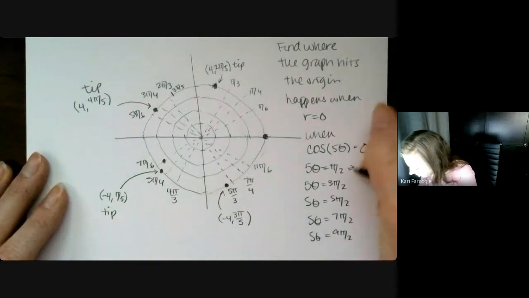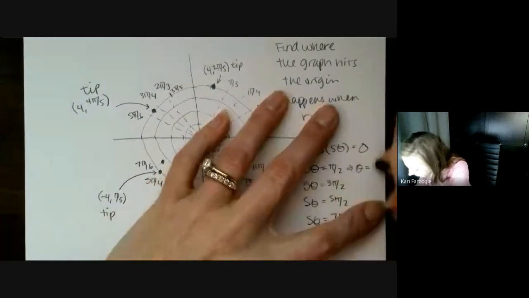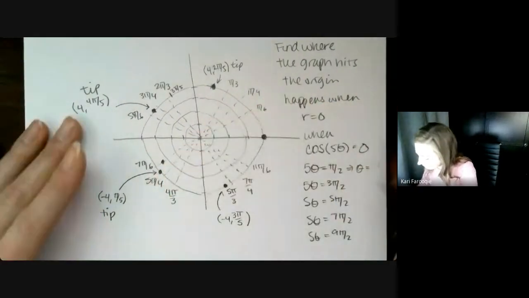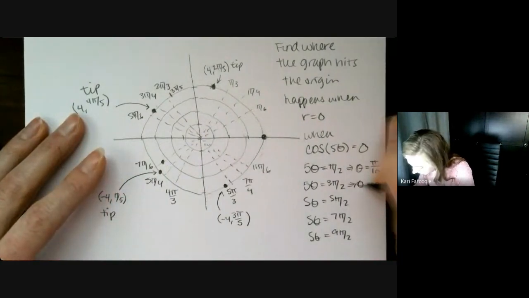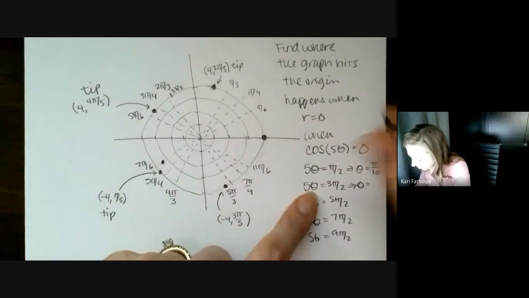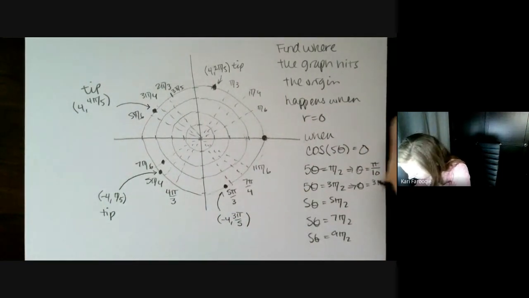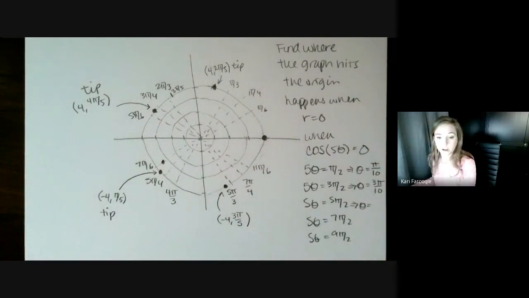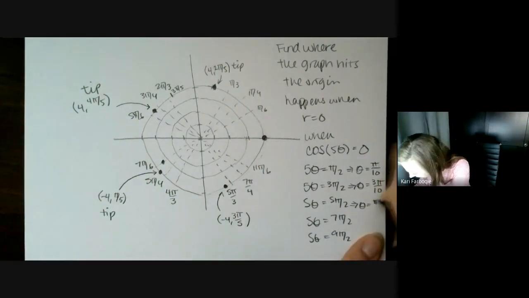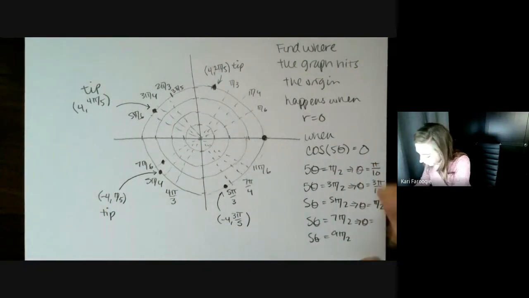So we would say here that theta would be equal to pi over 10. 10's in the denominator. And theta is equal to 3 pi over 10. Theta would have to be equal to, in this case, pi over 2, because the 5s are going to cancel out. 7 pi over 10.